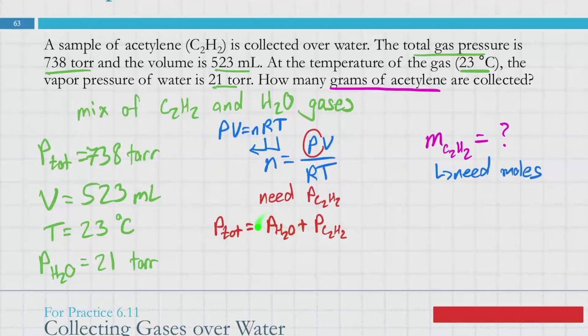So if we subtract our partial pressure of water from our total pressure, that'll give us our pressure of the acetylene. So 738 torr minus 21 torr equals our pressure of acetylene, which is 717 torr.